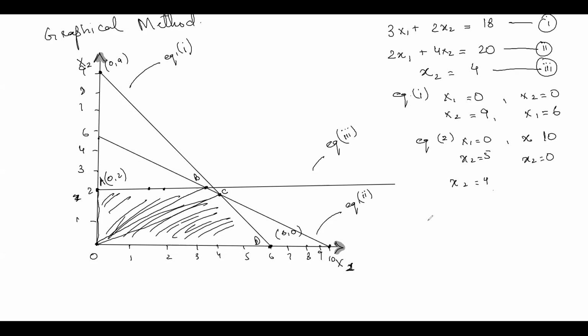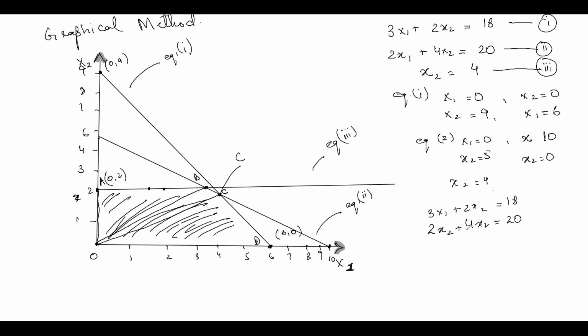So we will find the point number C. So we have equation number 1, 3x1 plus 2x2 equals 18, and equation 2, 2x1 plus 4x2 equals 20.